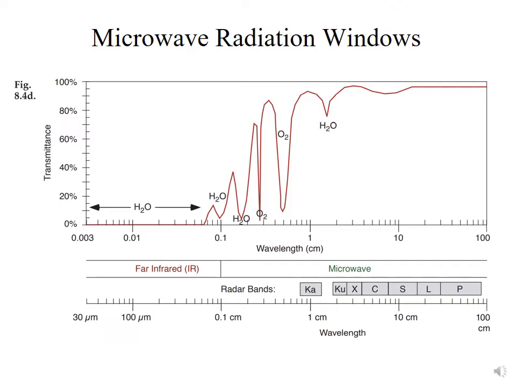We have the Ka, the Ku, the X, C, S, L, and P. We'll be learning about these different wavelength bands that are used for radar, but you'll notice that these bands are conveniently located in areas where the microwave transmittance is very high. So the atmosphere is not opaque to these wavelengths, which means that you can actually send these microwaves out and they will not be attenuated by the atmosphere itself. So that's a good choice for using a remote device.